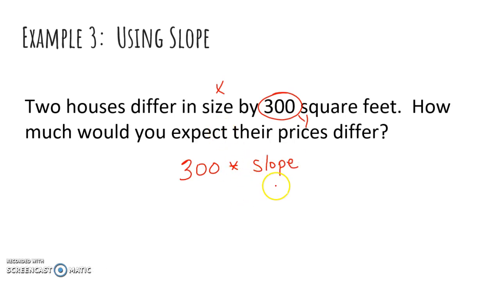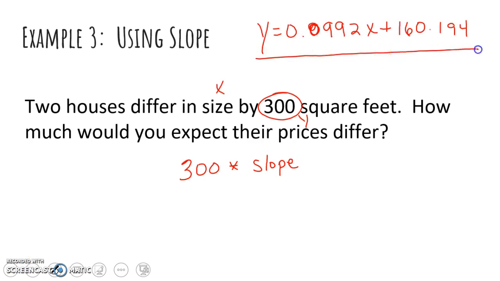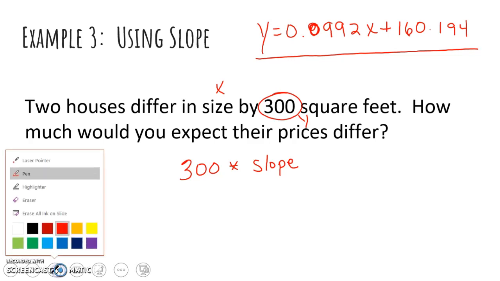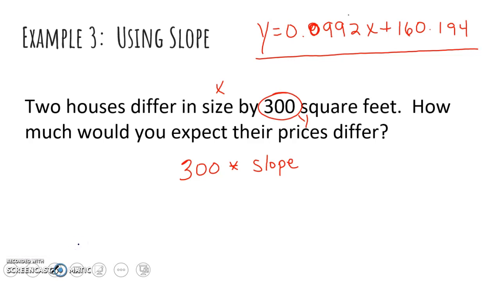So we need to go back and recall what the slope is. So if you'll recall, this was right up here. This was the equation we found for the house sizes and the cost. It was 0.0992x plus 160. So the slope is 0.0992.